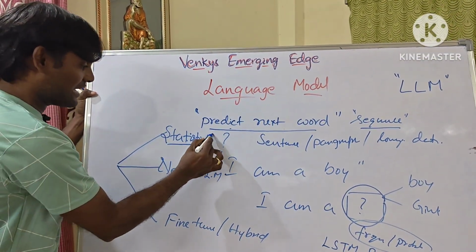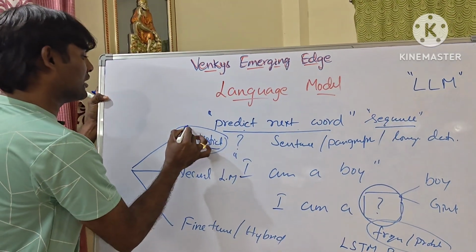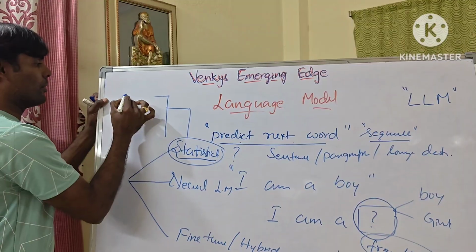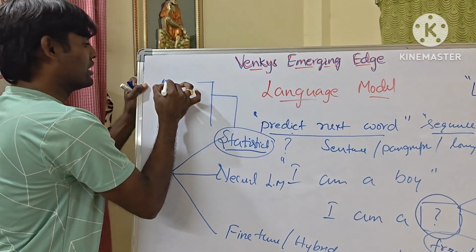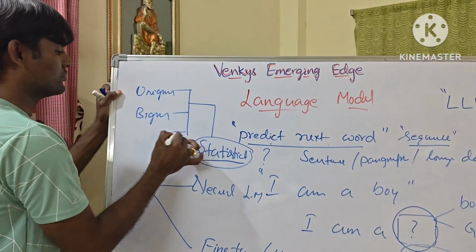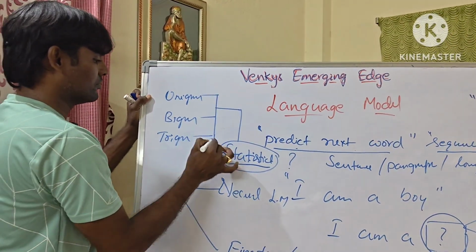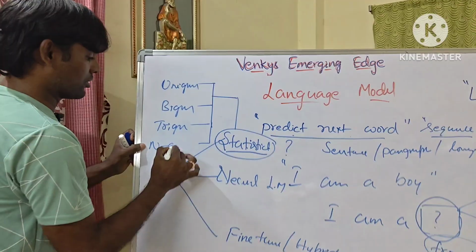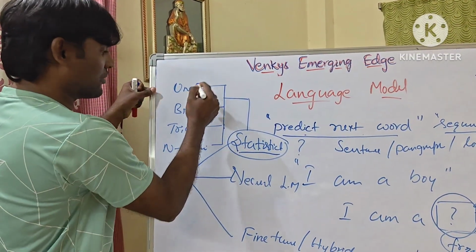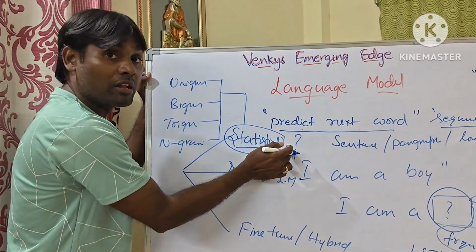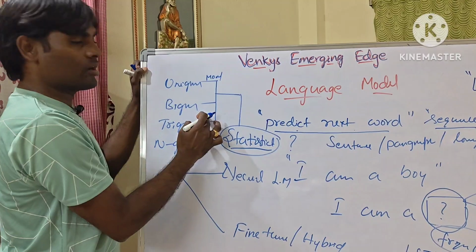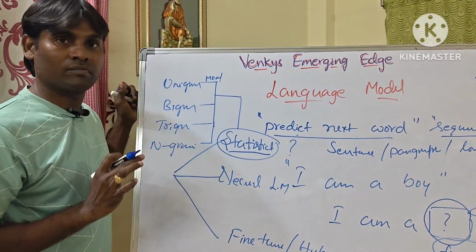Again, the statistical models are mainly of different types: unigram, bigram, trigram, and n-gram models. Statistical models are four different types: unigram model, bigram model, trigram model, and n-gram model.